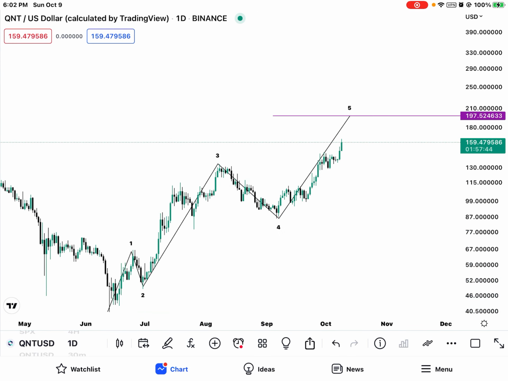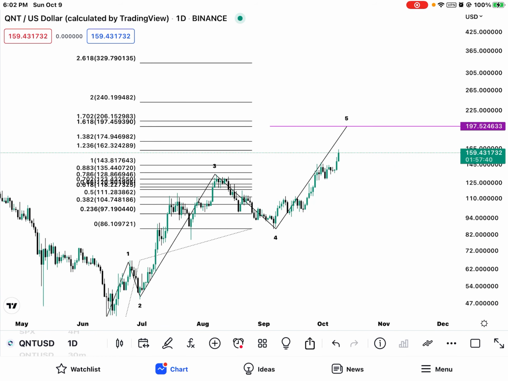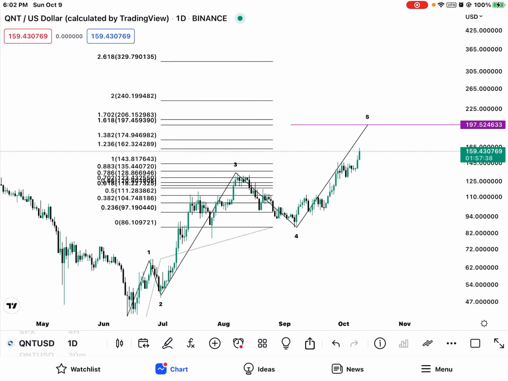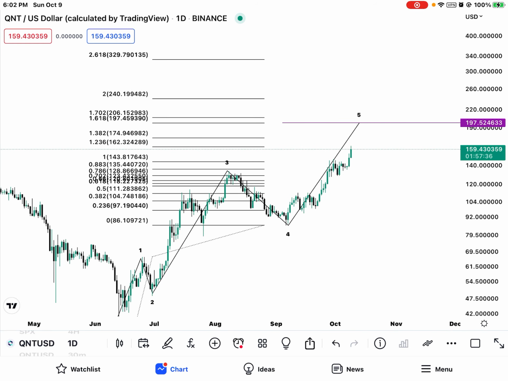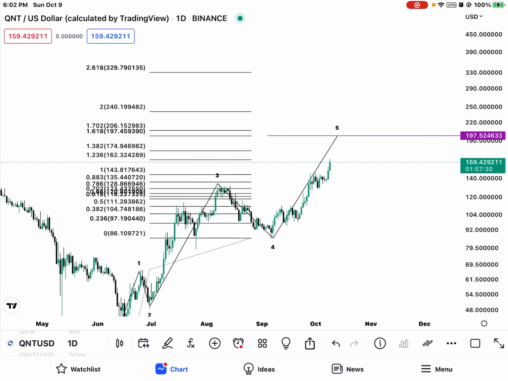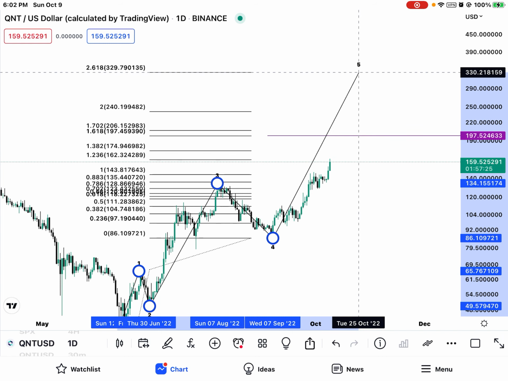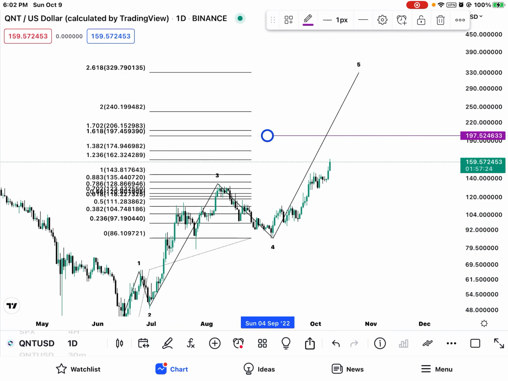Okay, so this is where you would want to be taking some profits off the table if this level acts as resistance. Now, usually in cryptocurrency, we see extended wave 5s. We usually see that because we're in a highly leveraged market, and knowing Quant and its volatility, we can expect to get to this 2.618 level right here.